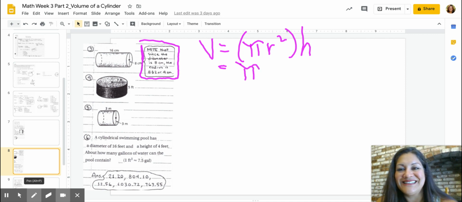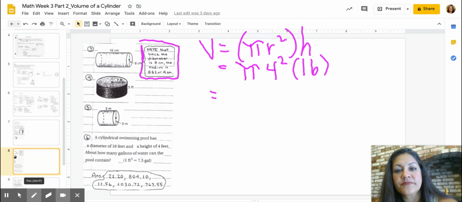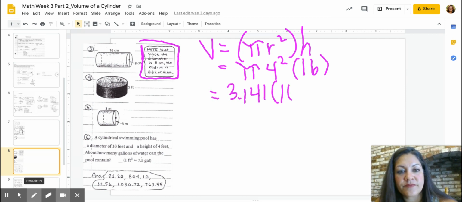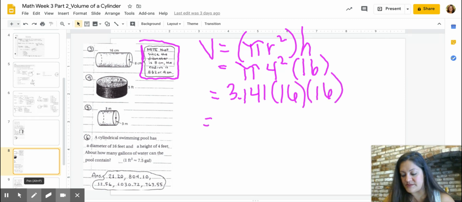We will plug in our values. Pi times 4 squared times 16. And I'll use my calculator.